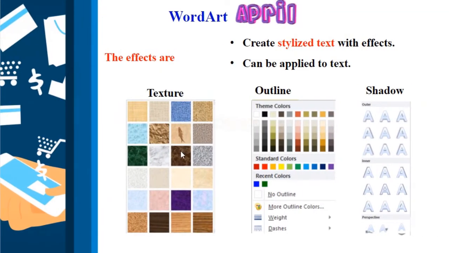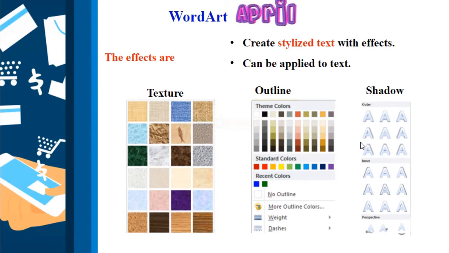So here, WordArt and shapes. There are many features and commands you can use in PowerPoint to create attractive slides. Two of these features are WordArt and shapes. WordArt allows you to create stylish text with effects such as textures, shadows and outlines.